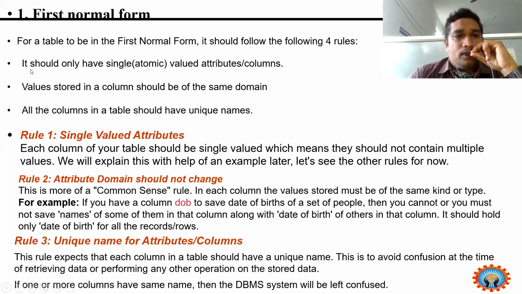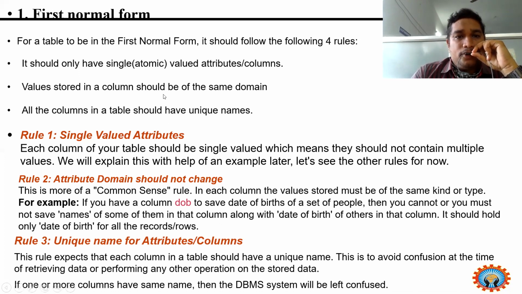The first rule is that it should only have single atomic value attributes or columns. We know that every attribute is a unique one, and two or more columns should not have the same name. That is called single value attributes or columns.